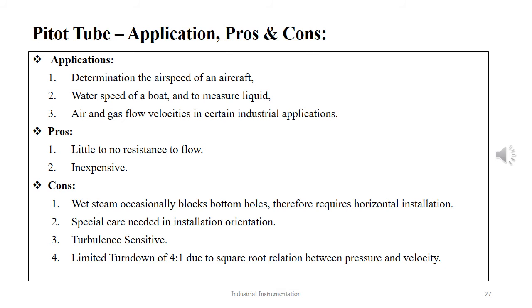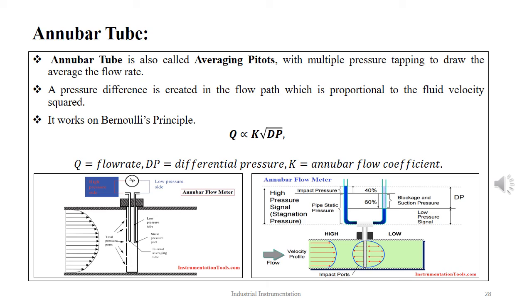An Annubar tube is also known as an averaging pitot with multiple pressure tappings to draw the average flow rate. A pressure difference is created in the flow path which is proportional to the fluid velocity squared. It works based on Bernoulli's principle and flow rate Q is proportional to K under root dP.